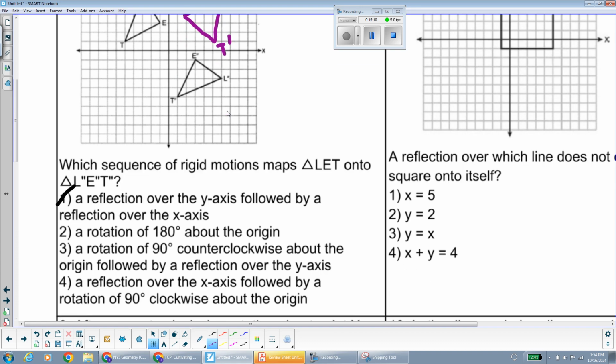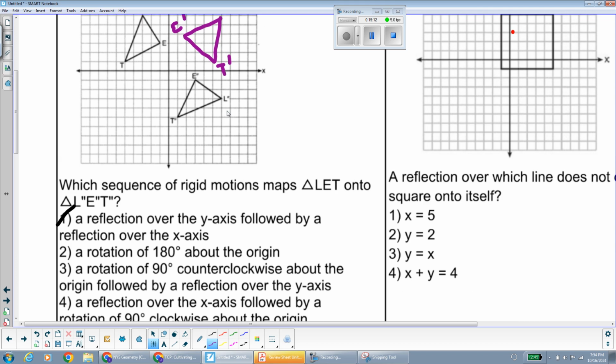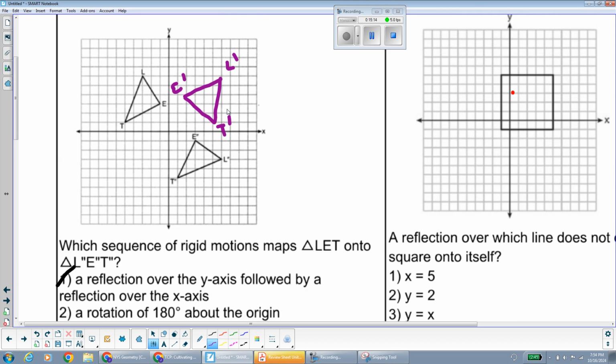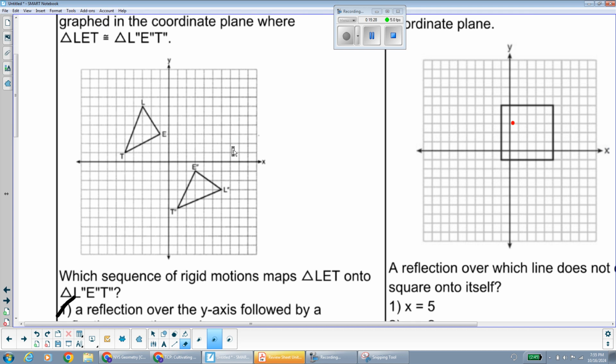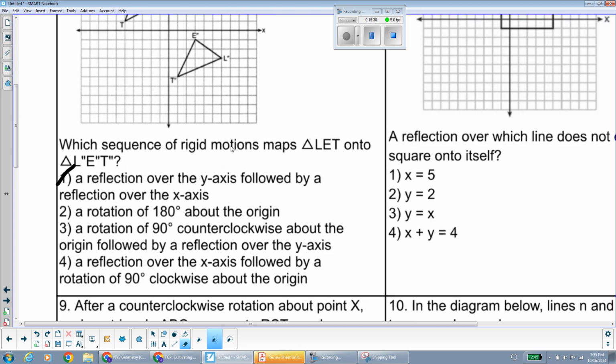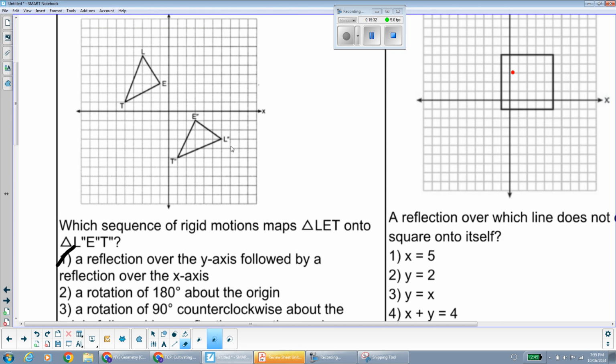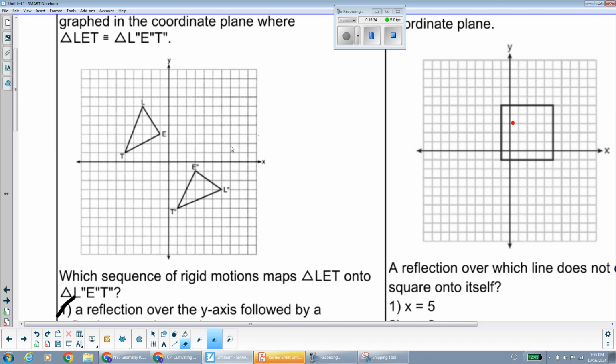And then if we were to rotate this 90 degrees clockwise, oops, I reflected over the y-axis. Let's restart. We're reflecting over the x-axis, my bad. It's late when I'm recording this video. So we're going to reflect over the x-axis instead. So that's going to flip it down here.